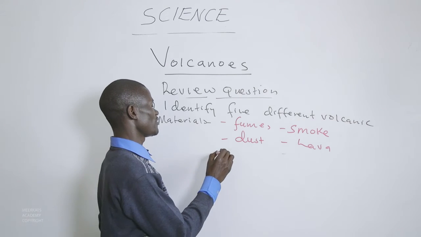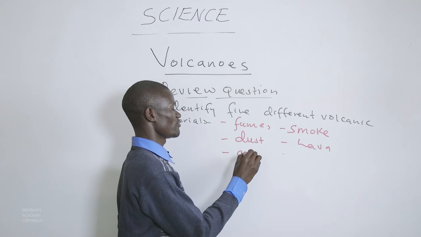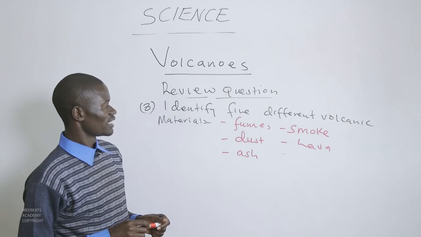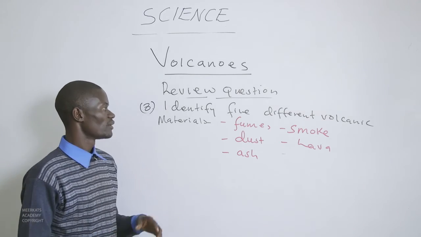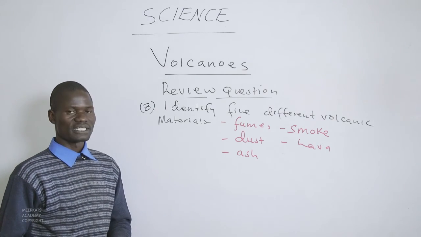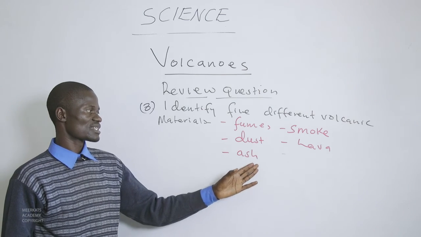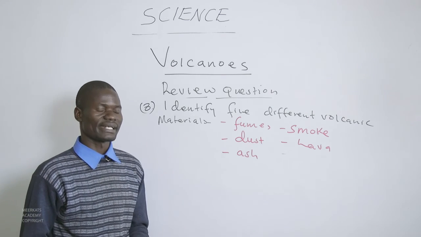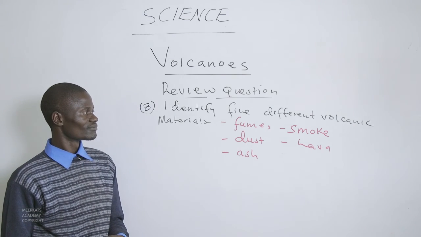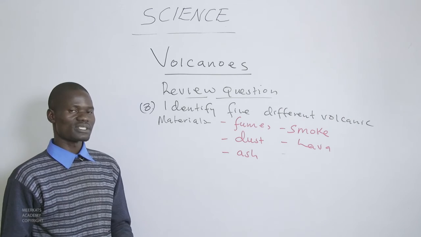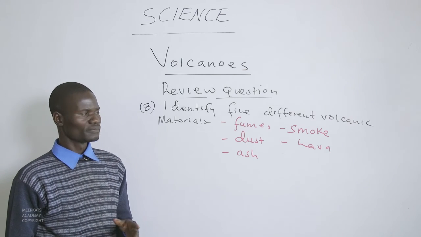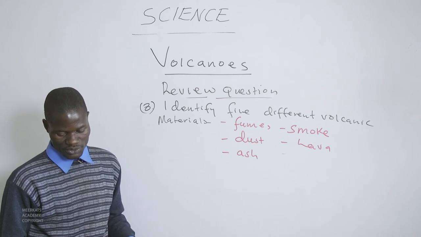And lastly, we have volcanic ash. They are very simple: fumes, dust, ash, smoke, and lava. And the specific fume is hydrogen sulfide, which is also very poisonous.